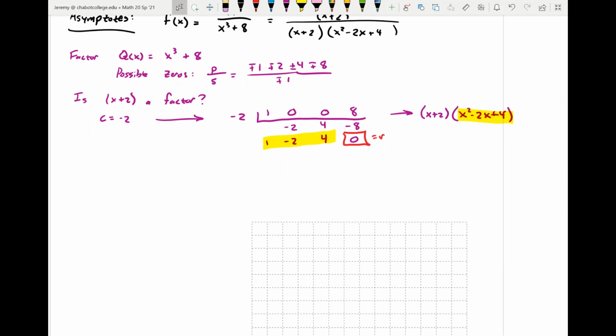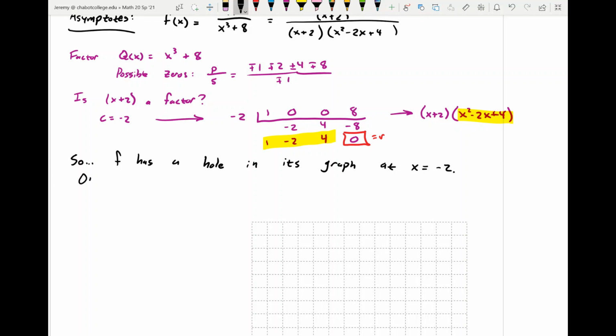Okay, so here's what we learned. f has a hole in its graph at x equals -2.